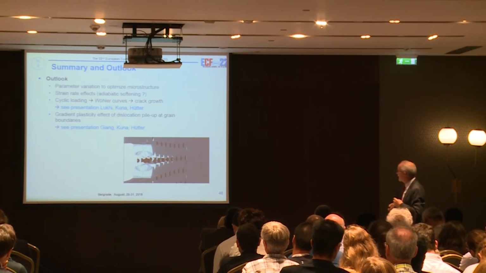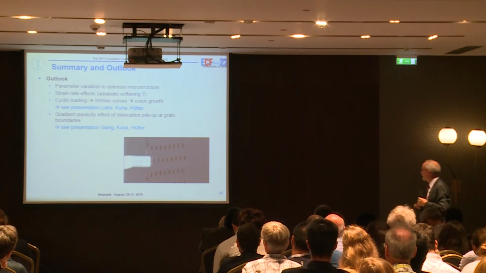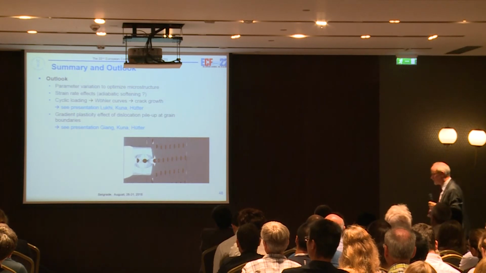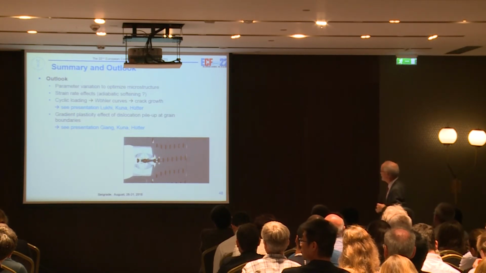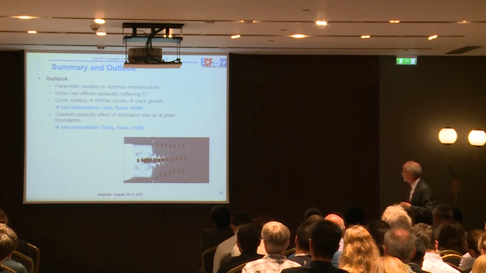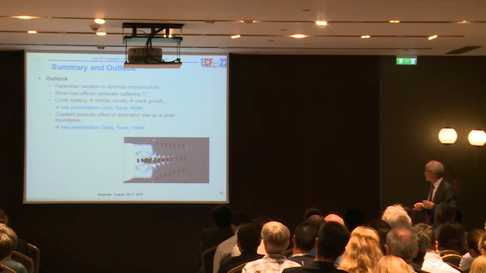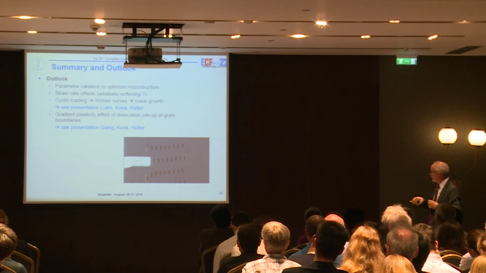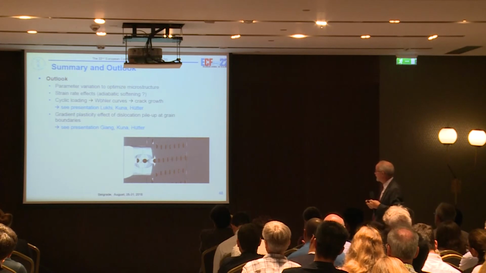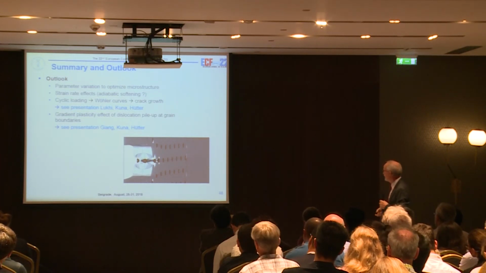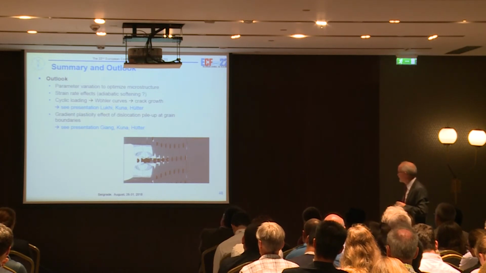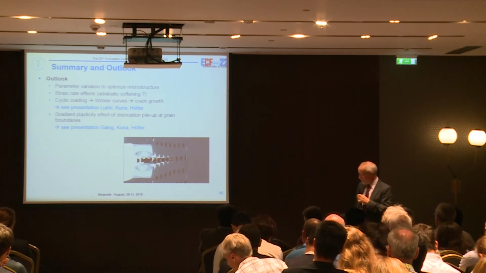We can go to strain rate effects, and we also started to simulate the cyclic behavior of cast iron, to predict the Wöhler curves. This was presented today by Leo, and we also want to simulate the dislocation pile-up at the boundaries of carbides by means of gradient plasticity, and this was a presentation on Tuesday by Dr. Young. And I thank you for your attention.